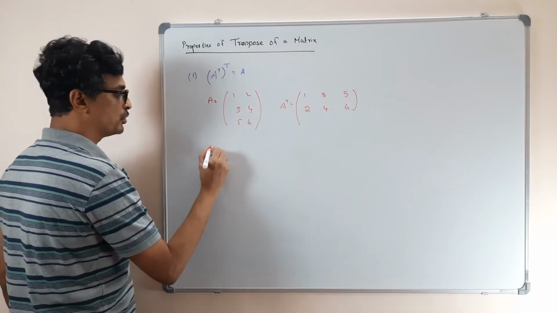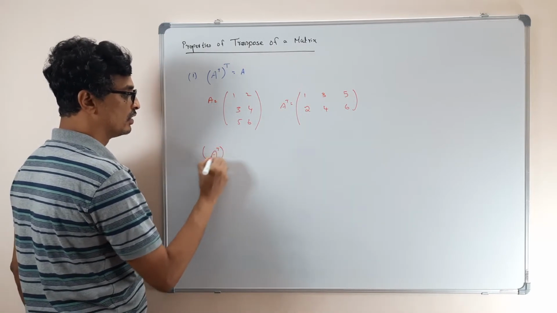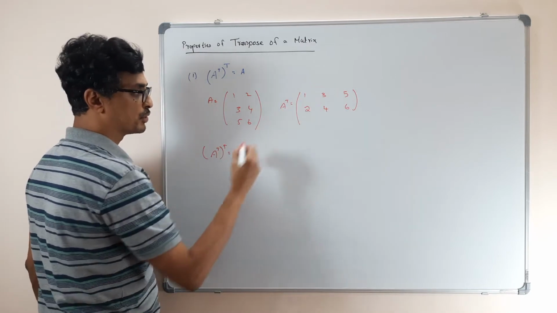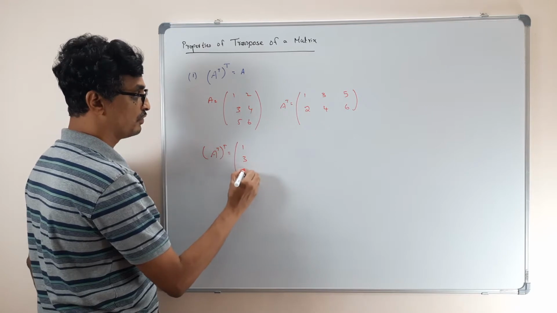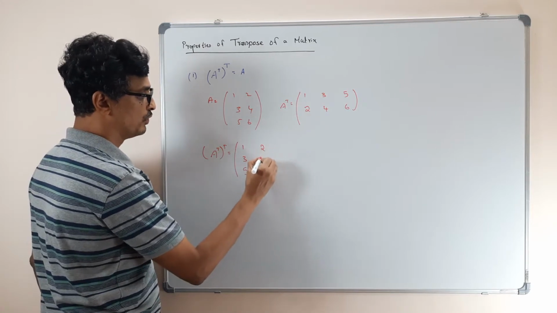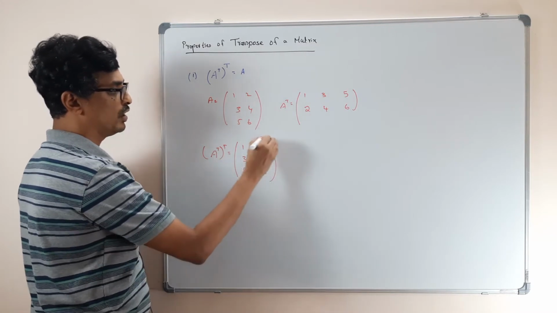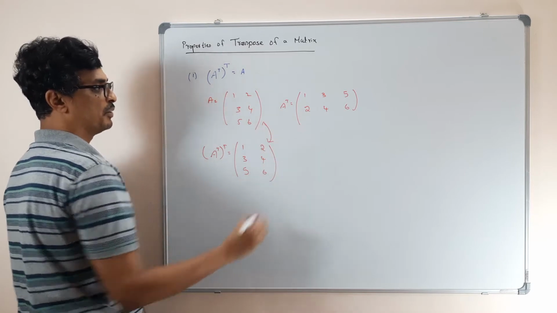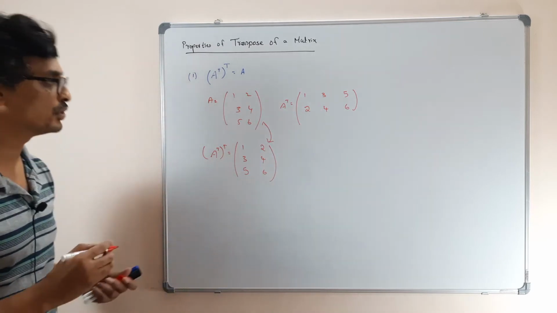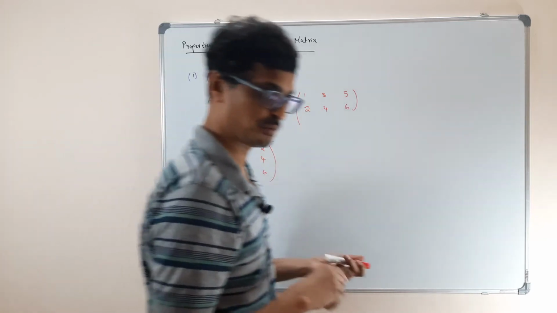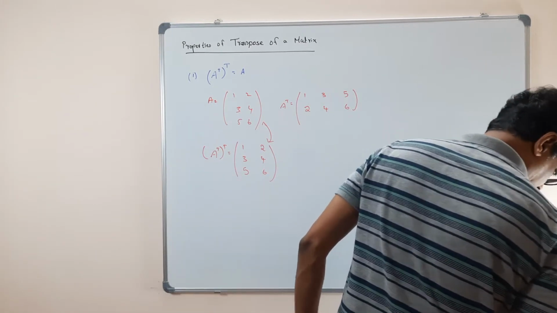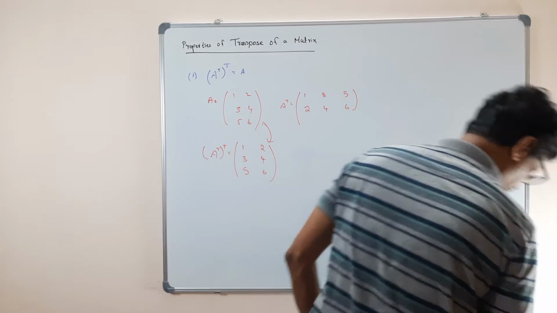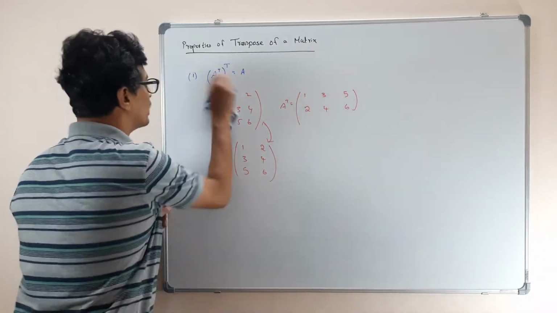So now the transpose of the transpose: take a transpose of this, 1, 2, 3, 4, 5, 6. So they both are the same. Am I right? So therefore the transpose of the transpose of A will be equal to A. This is also easy.